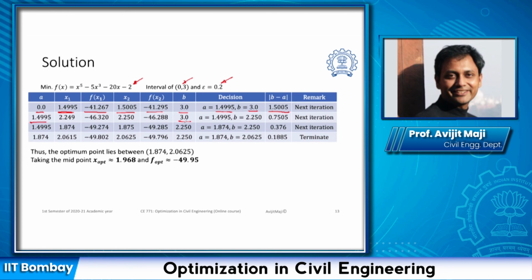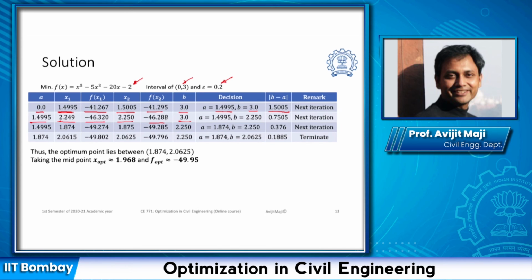Based on these, we find the midpoint and move a little bit on the left and right by delta by 2, and the new 2 points are this and this, where the function values are shown here and here.